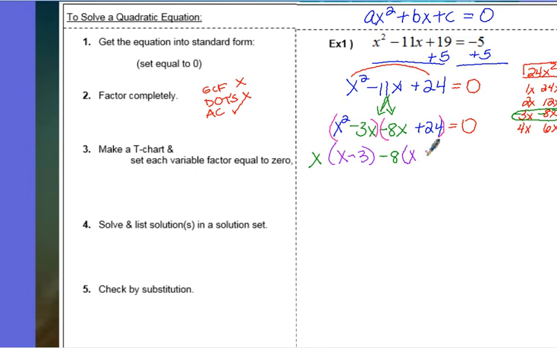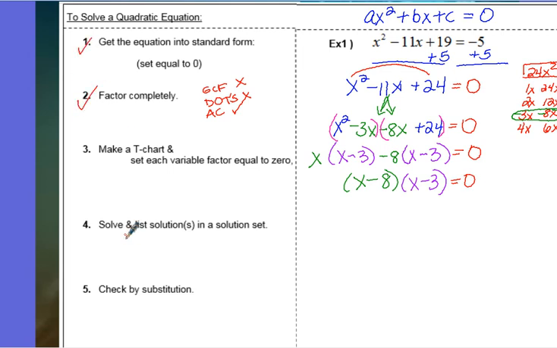And then I end up with x and 24 divided by negative 8, negative 3. And this whole expression is still equal to 0. I'm going to glue back together my factors, x minus 8 times x minus 3 must be equal to 0. So now I've taken care of step 1 and step 2.